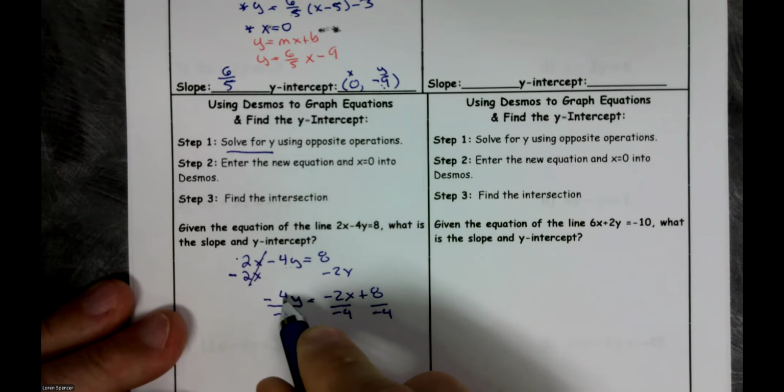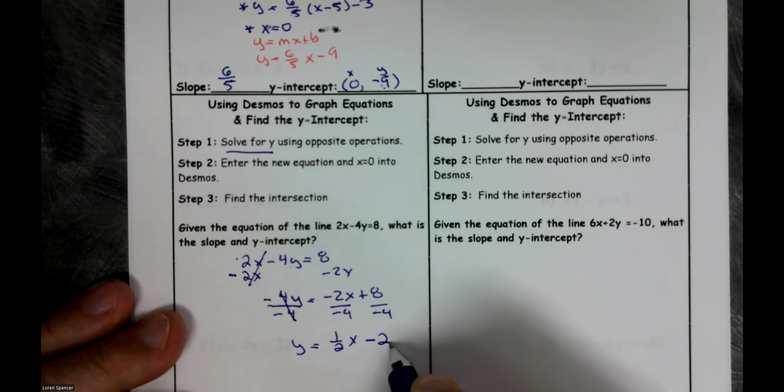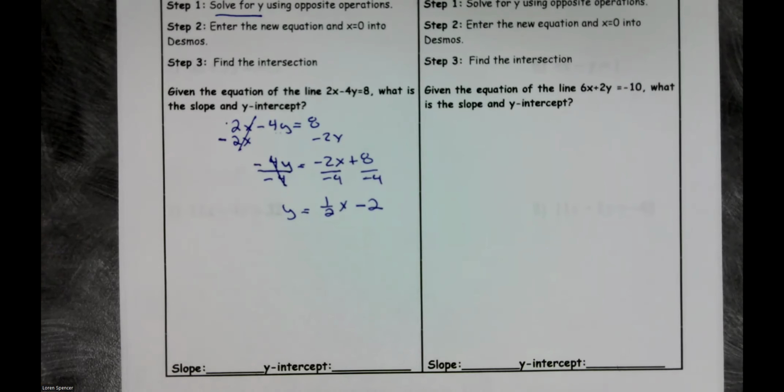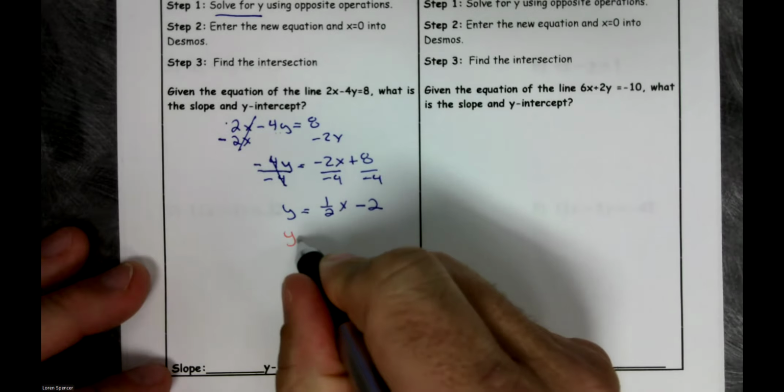Watch out for sign changes. So this becomes a positive y. This becomes a positive 1/2 x minus 2. All right, so we have y equals 1/2 x minus 2. Well, guess what? At this point, we're in y equals mx plus b format.